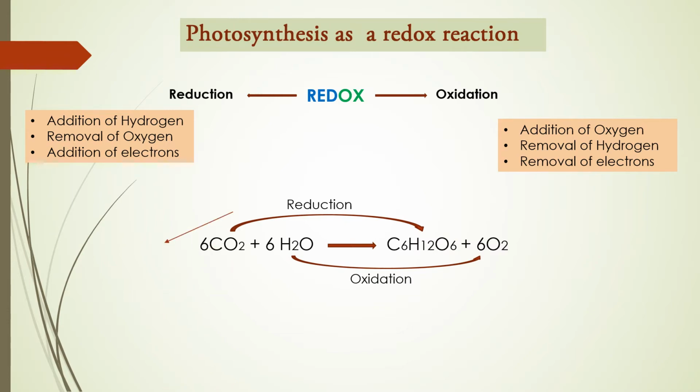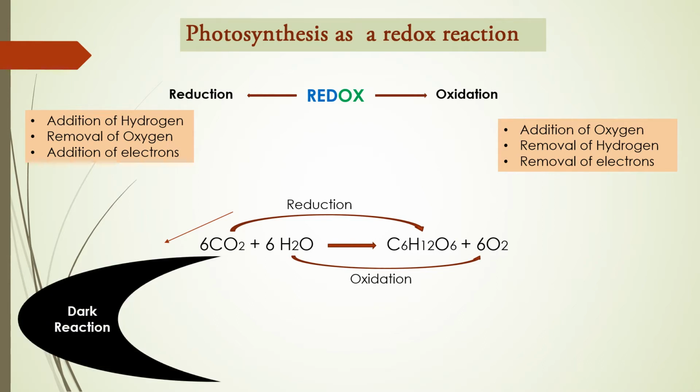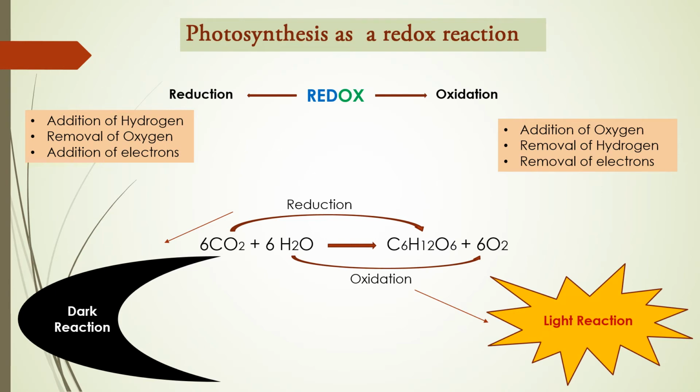And here, the reduction of carbon dioxide is taking place in the stroma part during dark reaction, while the oxidation, that is the photo-oxidation of water, is taking place at grana or thylakoid during light reaction. So, photosynthesis can be considered as a redox reaction with a reduction and oxidation of both of the reactants. So, here carbon dioxide is getting reduced and water is getting oxidized.